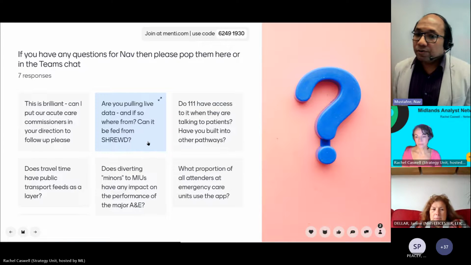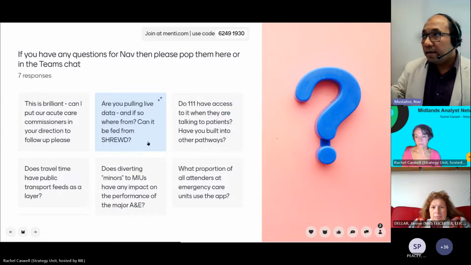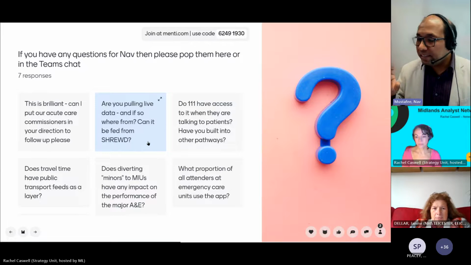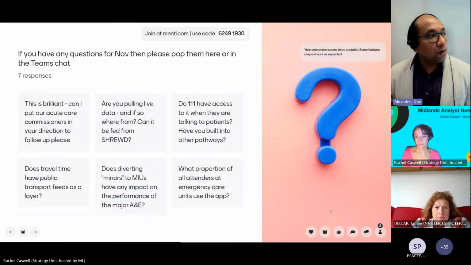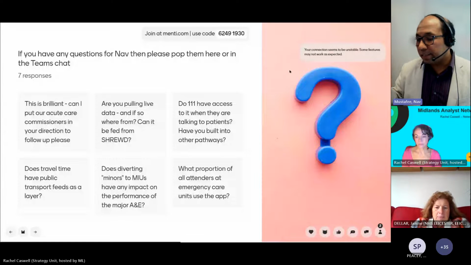So the thing is that you can go to nhsquicker.com/app, and you can see the app in your browser as well. But to integrate with 111, then it has to be again regional rather than a national solution.